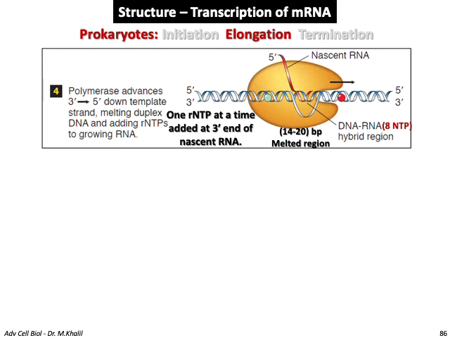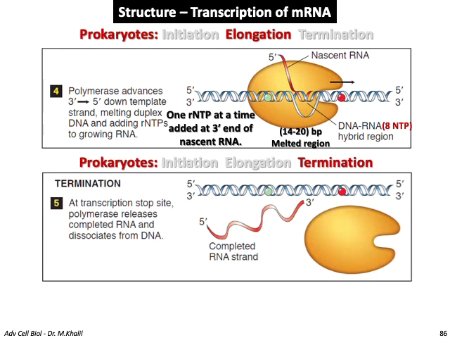And as long as elongation is proceeding, it moves adding one nucleotide at a time and preserves the melted region to be from 14 to 20 nucleotides. For termination, once the RNA polymerase reaches the end of the gene, the red spot, all are released. The completed nascent RNA strand and the RNA polymerase are released for another round of transcription.